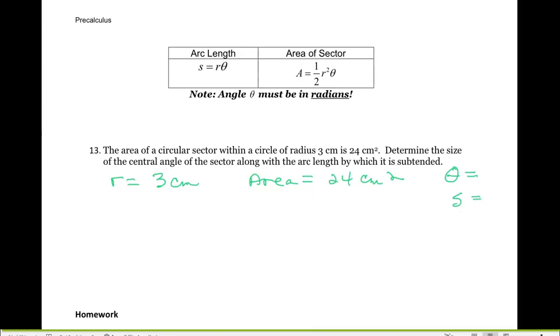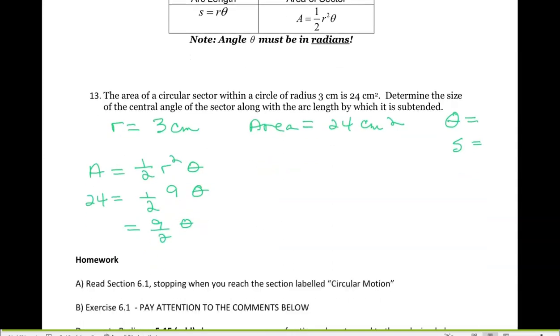So what am I going to do? Well, I'm thinking I should work with the area. So if my area equals 1/2 r squared times theta, what do I have? 24 equals 1/2 r squared is 9 times theta. So that is 9 over 2 theta.